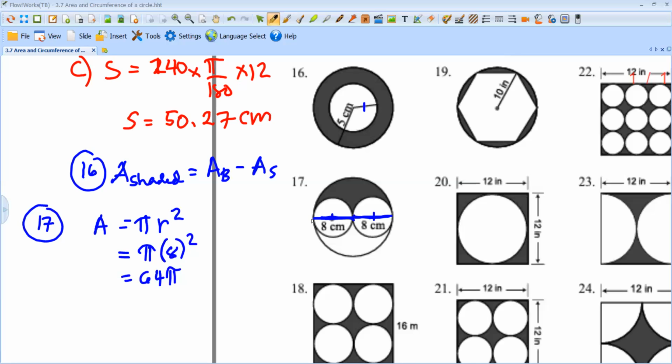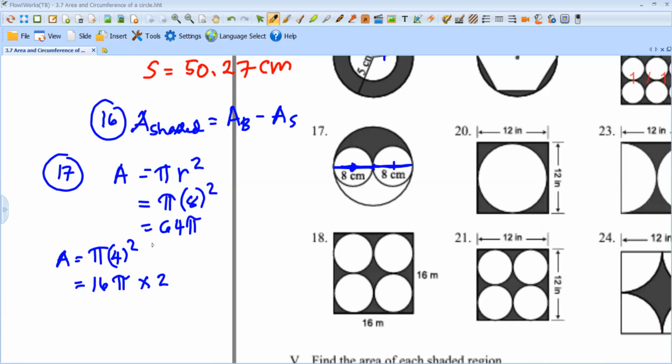Now, we will subtract these two, which is actually the area of the small circle. This one, the radius is 4. So pi times 4 squared, which is 16 pi. But these are 2, we will multiply it by 2. So therefore, the answer should be 32 pi, right?